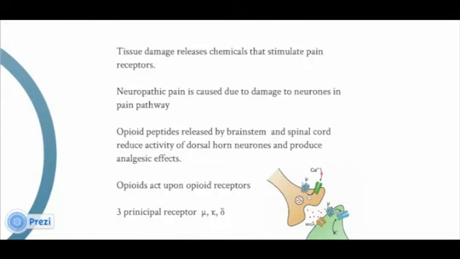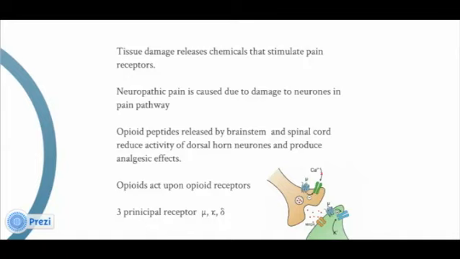Opioid analgesics are drugs that mimic these endogenous opioid peptides and cause prolonged analgesic effects by binding to these opioid receptors. Opioid receptors are widely distributed throughout the CNS, and there are primarily three types: mu, kappa, and delta, of which mu is the commonest and primarily concentrated in the brain.